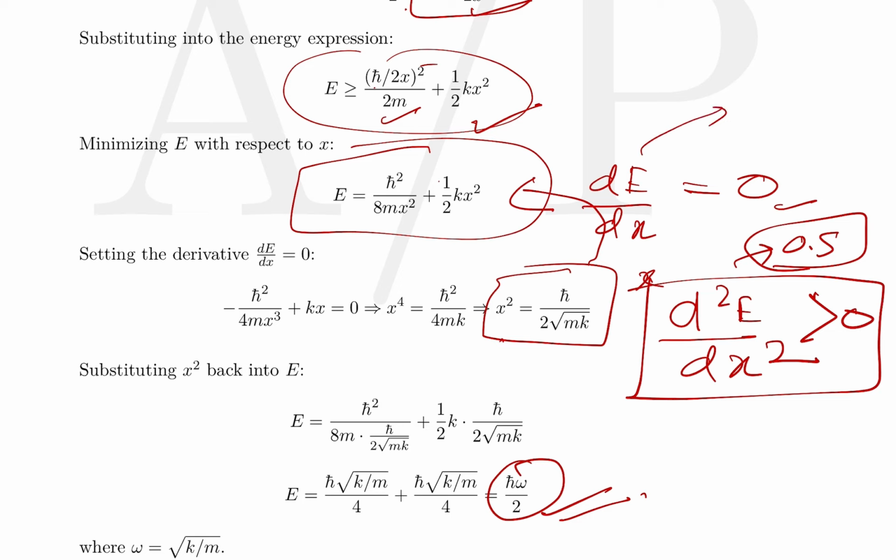It could have been a minima or it could have been a maxima, but when you do the double derivative and it comes out to be positive, then definitely the value is a minima.